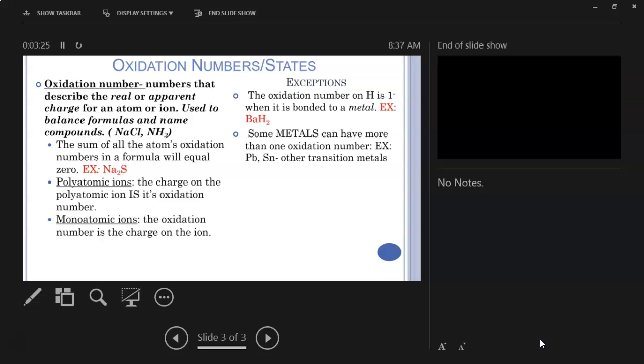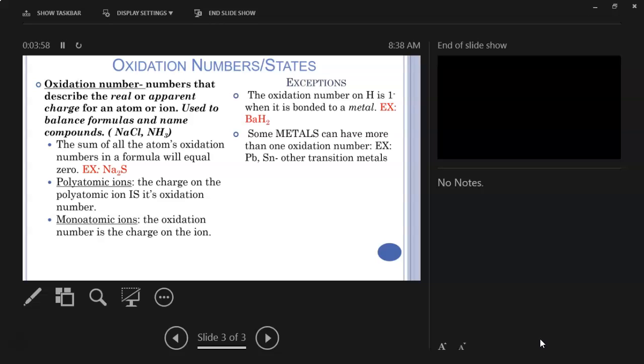If there's only one number present above the symbol, and again I'm only talking about the transition metals, tin and lead, that means it only has one oxidation number. It's only ever going to do one thing. Same with cadmium, which is +2. Zinc is always +2. Many of them have more than one oxidation number, but a few of them only have one.